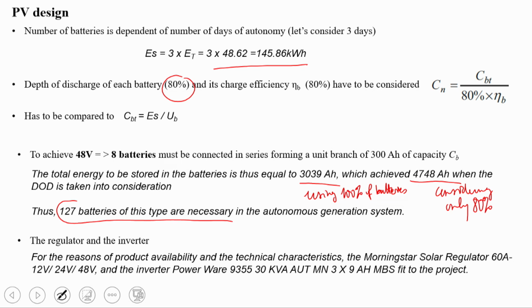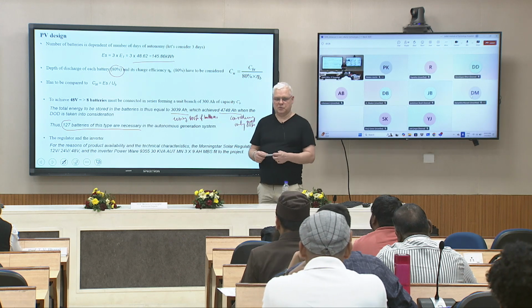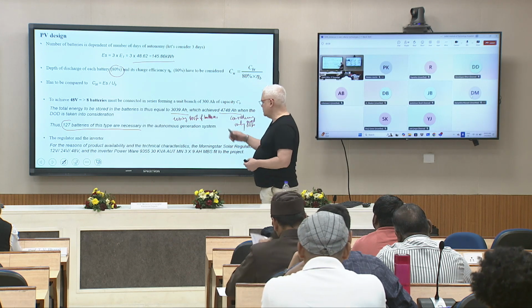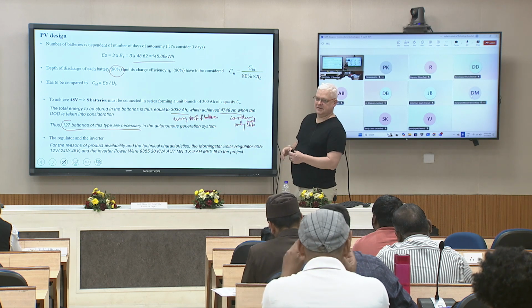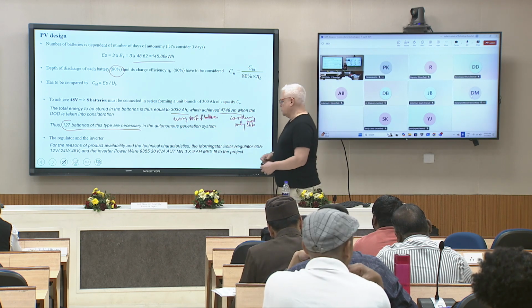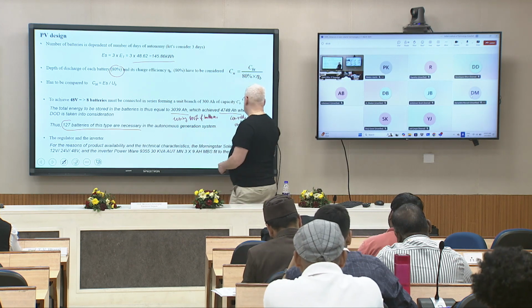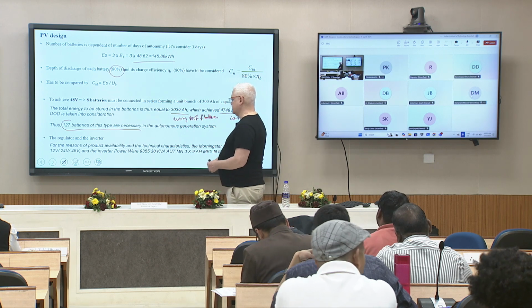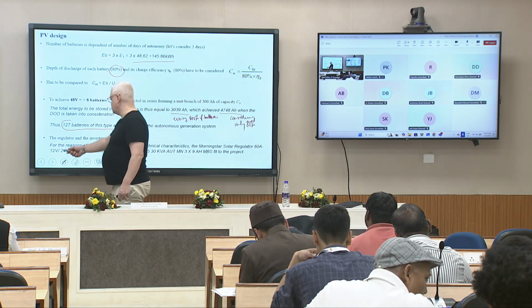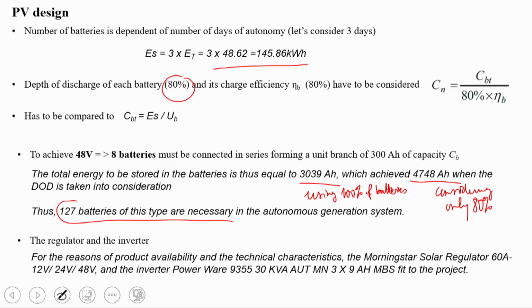And so I will let you check. If you find there is a problem, you will tell me and we will correct it. Okay, but I'm almost sure about this. So the inverter: I suggest one kind of inverter that is able to deal with 12 volt, 24 or 48 volt, and of course related to the power that we have in our PV central.